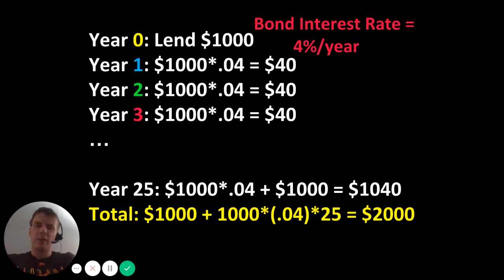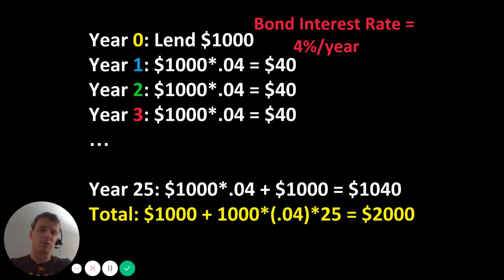Let's say the interest that we earn on this particular bond is 4% per year, and that's something we would know at the time that we buy the bond. So what happens in year zero? We give up our $1,000, we lend it to the utility. That's the year in which they need our money in order to build the power plant. In year 1, 2, 3, and all the way through year 25, we earn 4% per year on that $1,000.